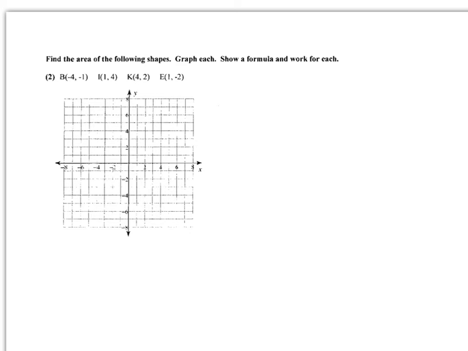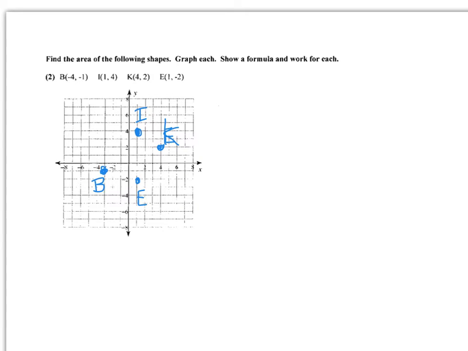Problem 2, we're going to find the area of an irregular quadrilateral. So plot the points for quadrilateral BIKE. So we have -4, -1, 1, 4 for I. Make sure you label the vertices with letters.